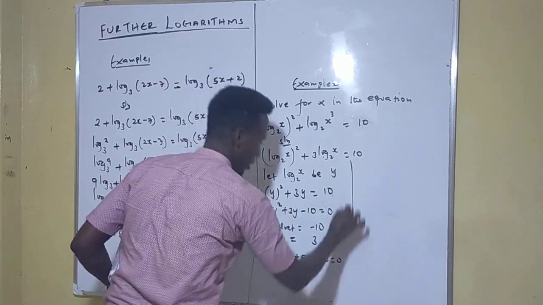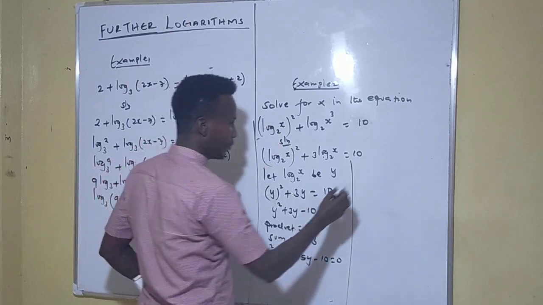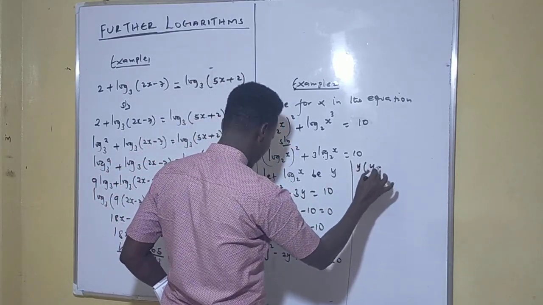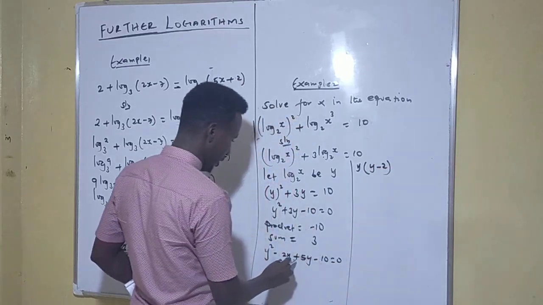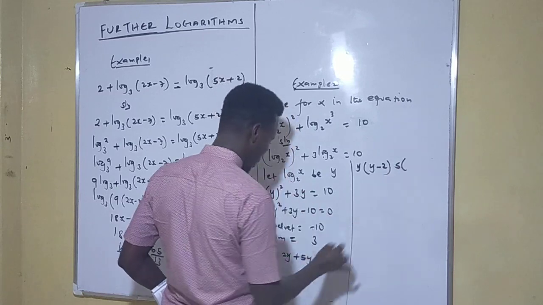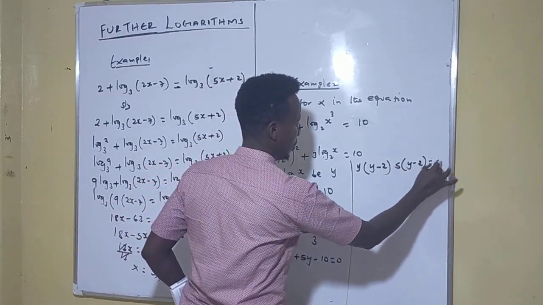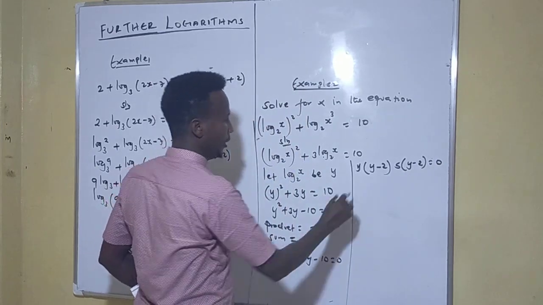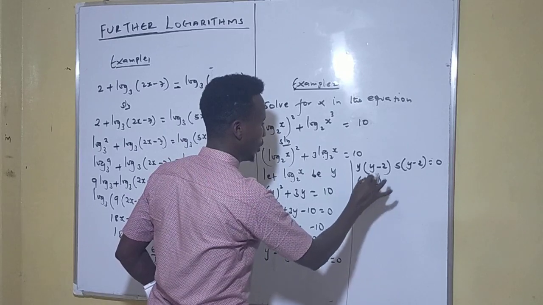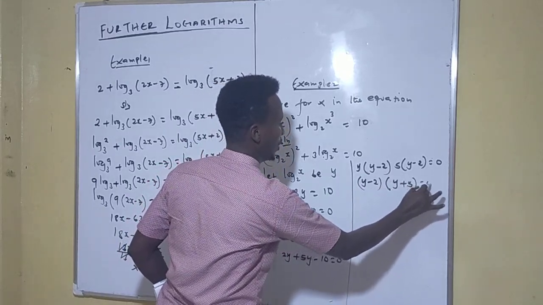Between these two, we have the common as y outside, so it will be y minus 2. Then here we have 5 outside, y minus 2 is equal to 0. Then you're going to say y minus 2 into y plus 5 is equal to 0.